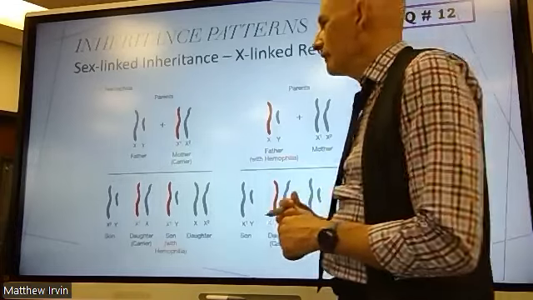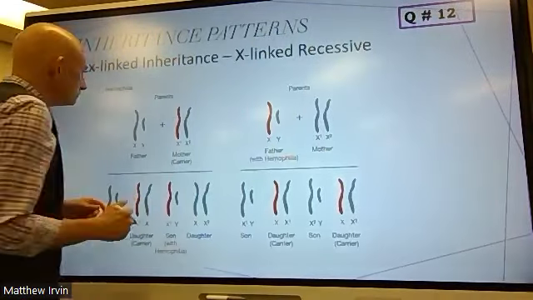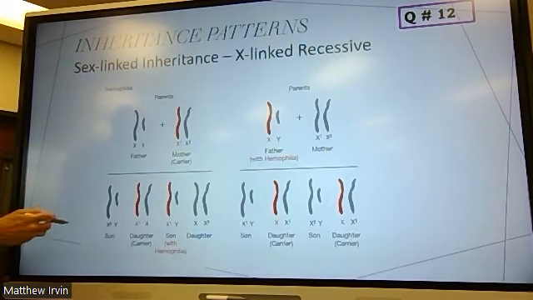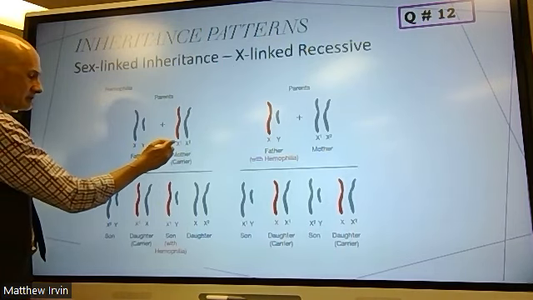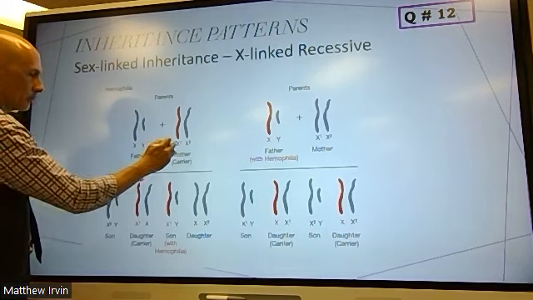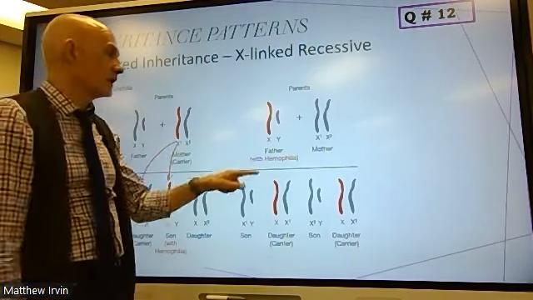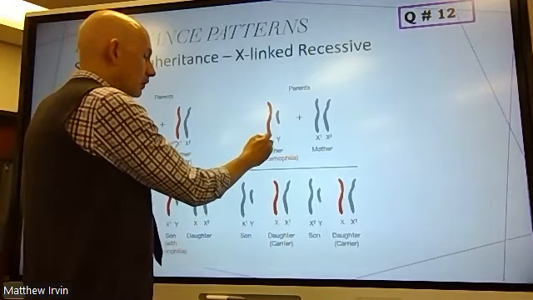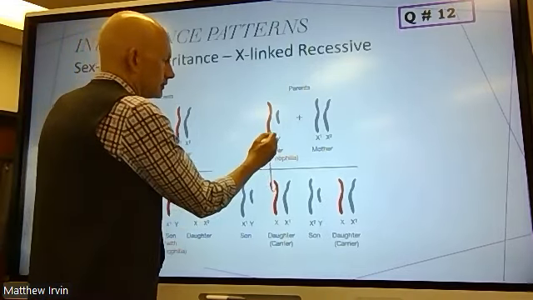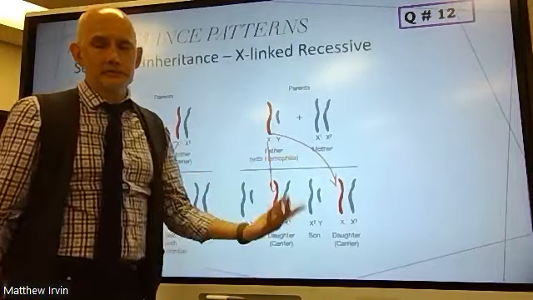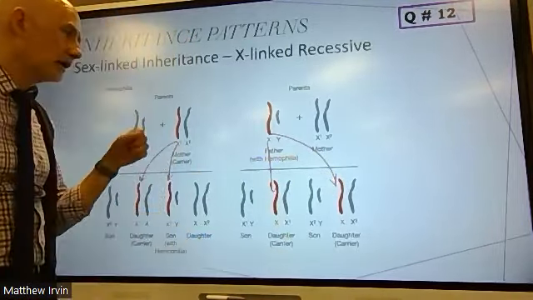So if we have an X-linked trait and the mother has it, the mother can pass this to a daughter, or she can pass it to a son. If it's a trait where the father has it, he can only pass that to daughters, because if he passes the Y chromosome, it's going to be a son.